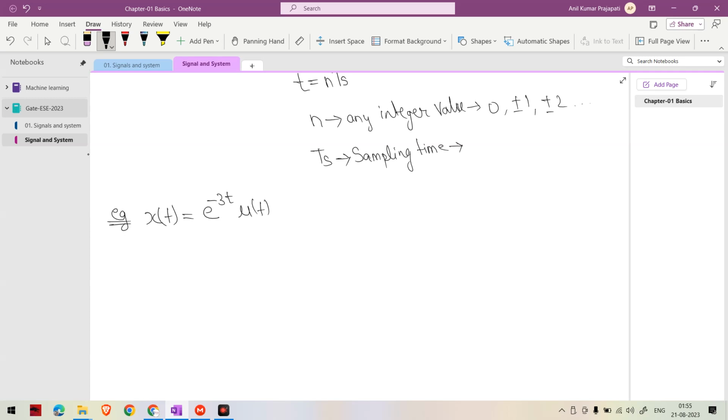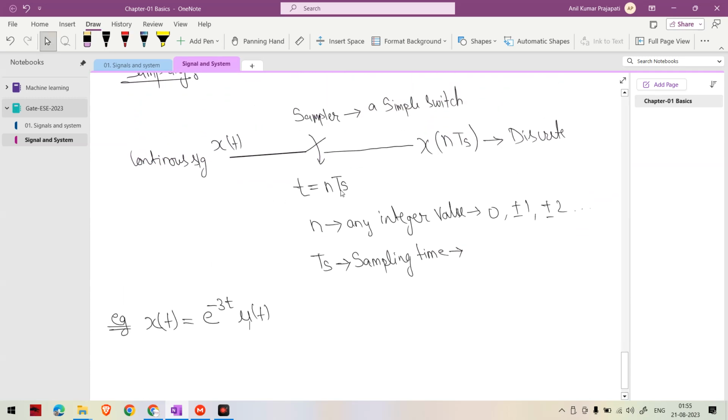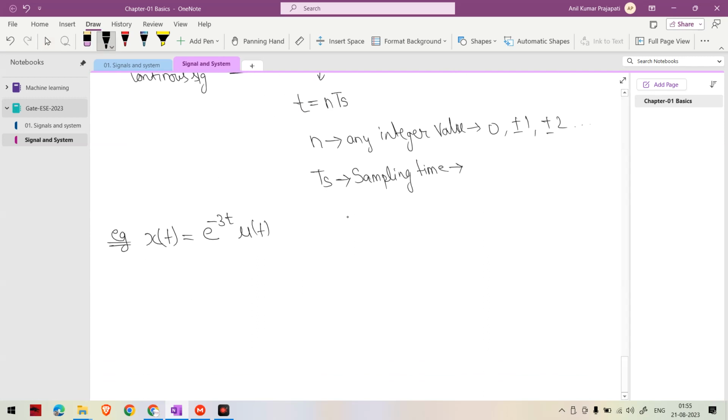So what we want, you can see we replace t with nTs. So this x(nTs) will be equal to e raised to power minus 3nTs u(nTs) basically.